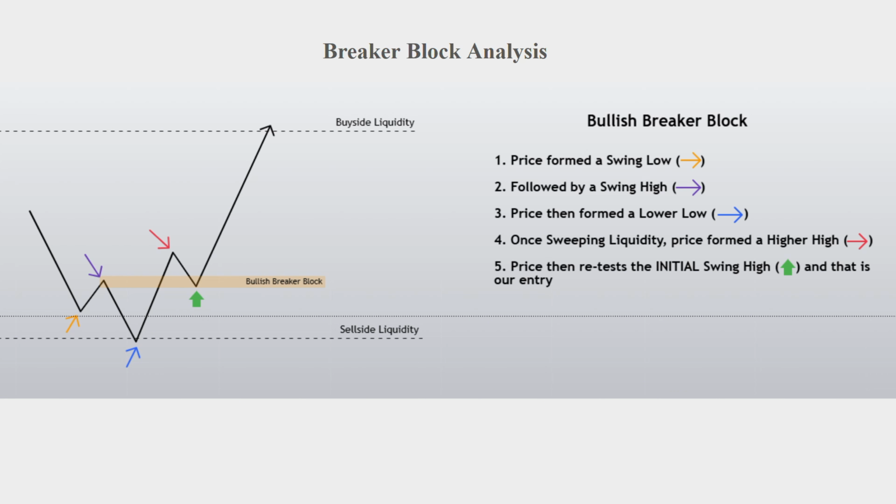So that red arrow goes through the purple arrow's high after we made lower lows. So you have lower low, lower high, lower low, then a higher high going through that initial high, and then come back to retest that breaker. And that is your entry revolved around your model. You can pause this, analyze this, and I will give you more examples, so stay with me.